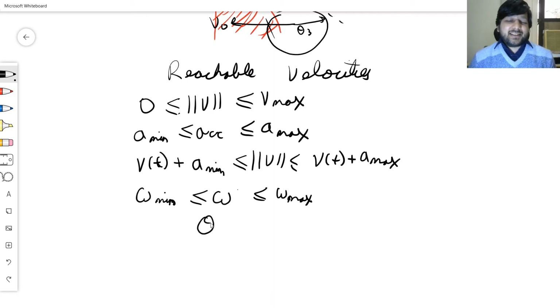So that means if I'm currently at theta t, this has to be Vt plus 1, at t plus delta t.